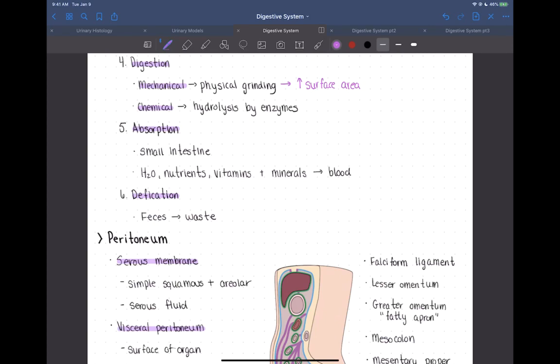Just for an example, if we had maybe a string of a few glucose molecules together forming a starch, there'd be an enzyme that would add water to these bonds to break them. And so then you would end up with 3 separate glucose molecules that could then be absorbed into the bloodstream. Okay? So that's chemical digestion, and there are specific enzymes for each of those types of bonds that need to be broken. And so we'll talk about each of those as we go.